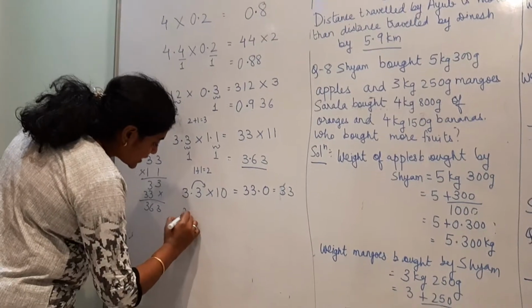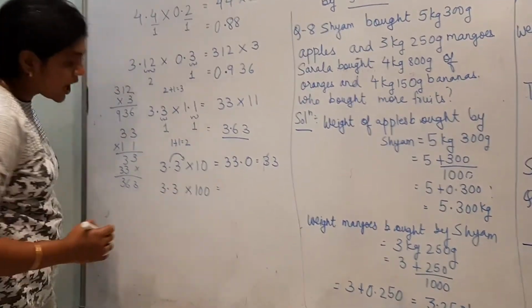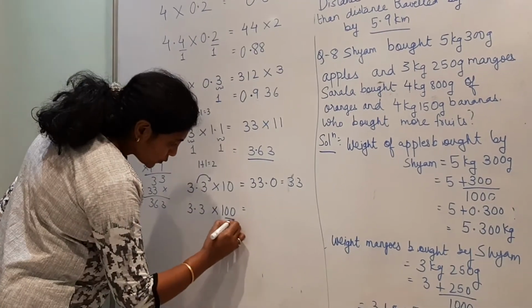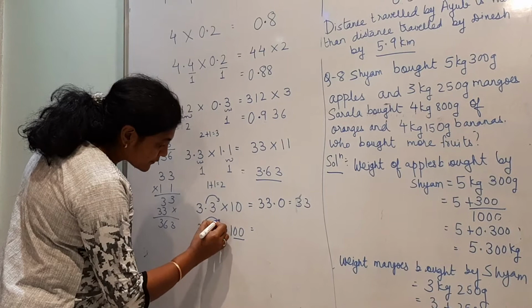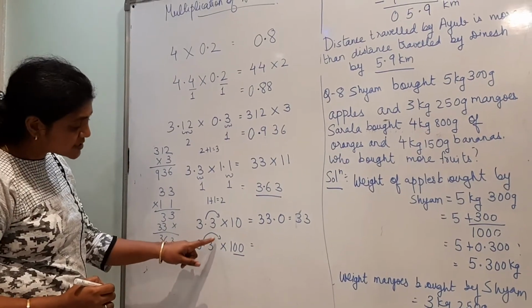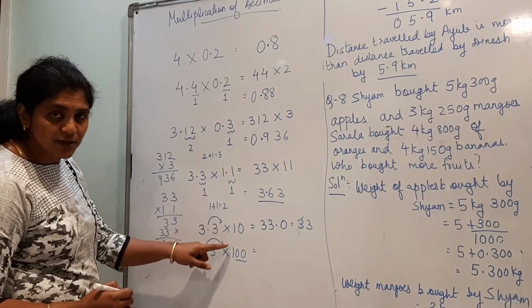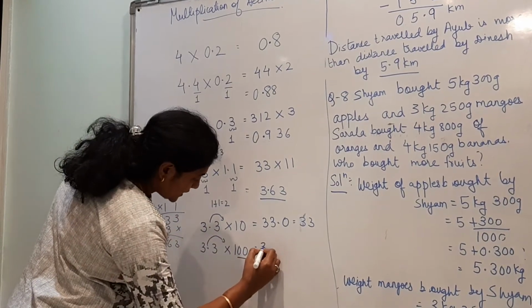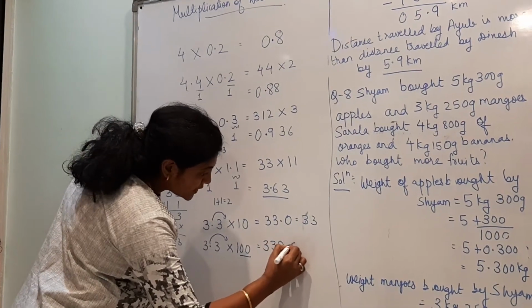Now same thing if I multiply by 100. How many zeros? 2. So 2 places the point will be shifted. So this will be 330.0.